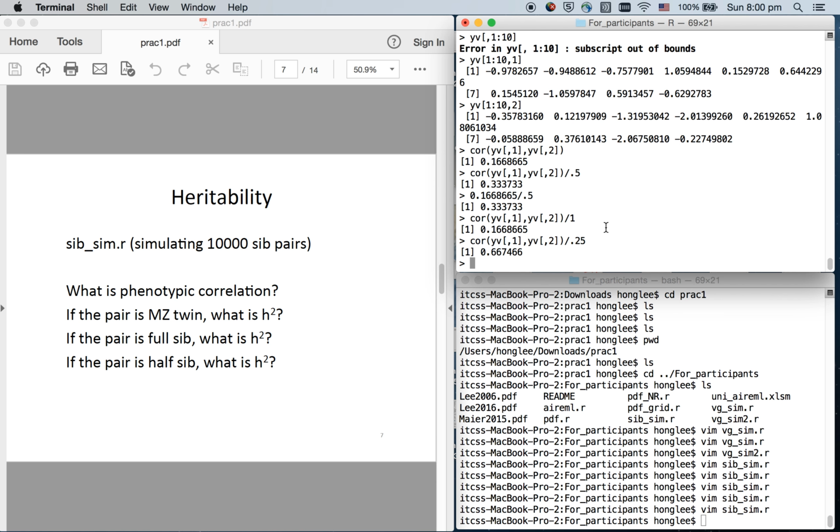Okay, so design is important, and the estimated heritability depends on the sample correlation, right? Given the same value for the phenotypic correlation, if you use a design with a lower sample correlation, then you get a higher heritability. Did that make sense?